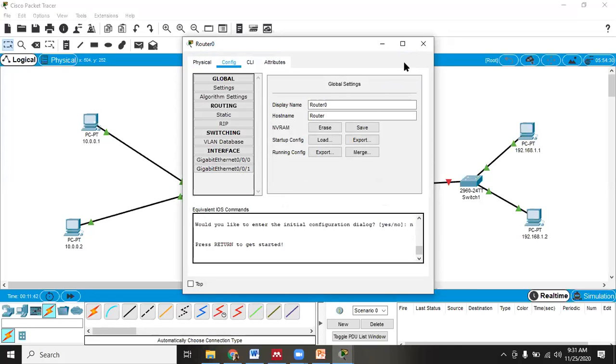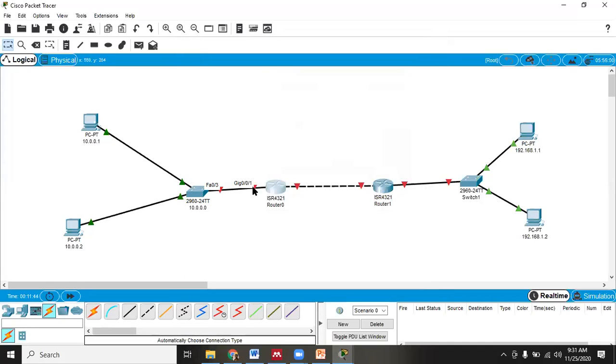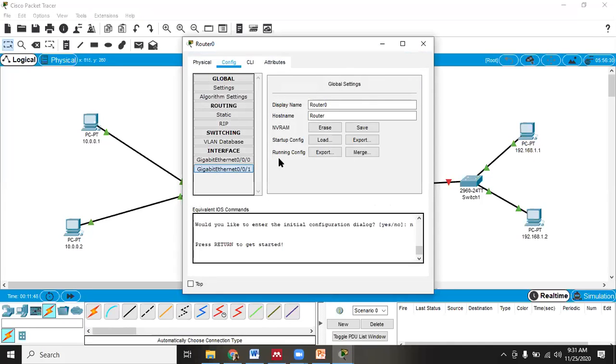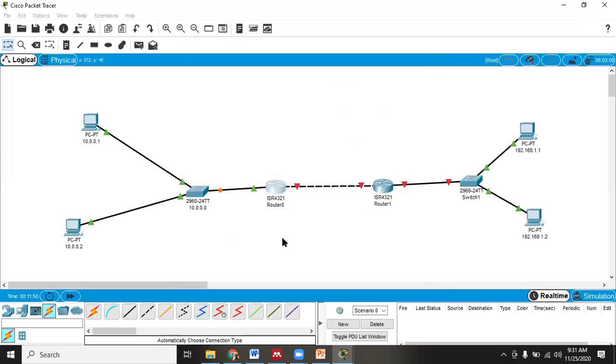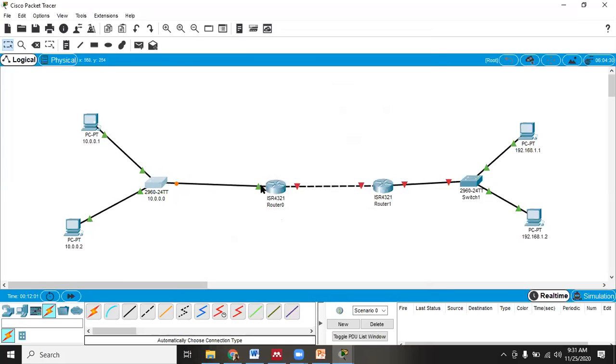So that is gigabit 0/0/1. In that, we first have to switch on the port, and then we have to give the IP address, right? That for this one, and you can see now half of the router is configured. So this network is configured on this side.